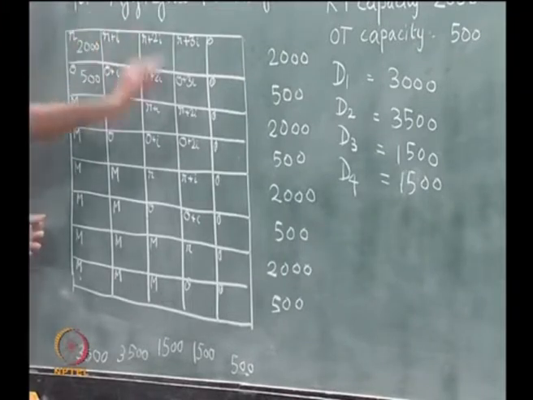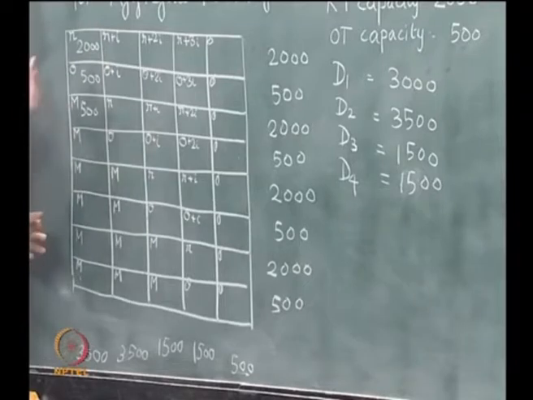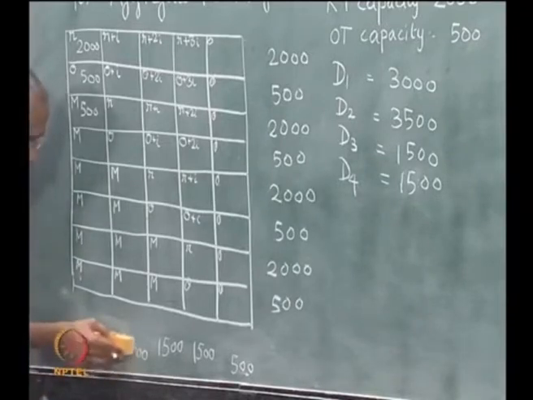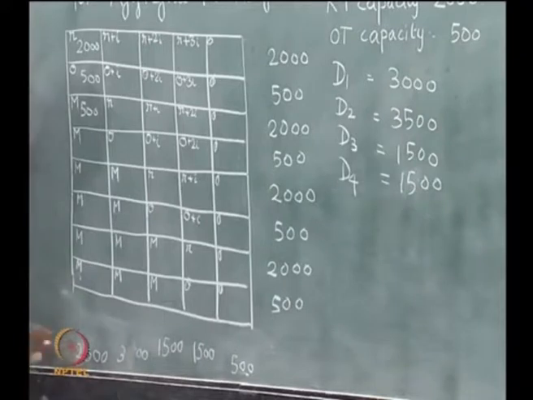So, for the sake of illustration and for the sake of getting a very good solution, for the moment let me say that this demand is 2000, and let us say this demand is 3000.